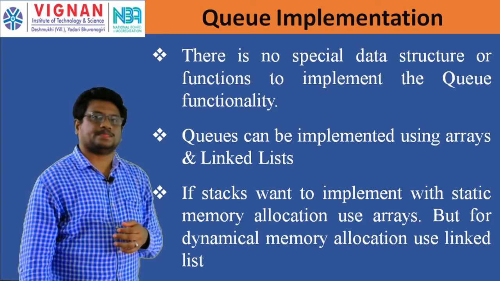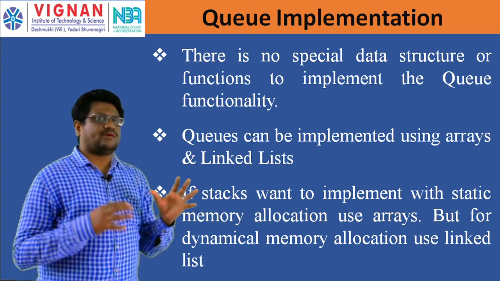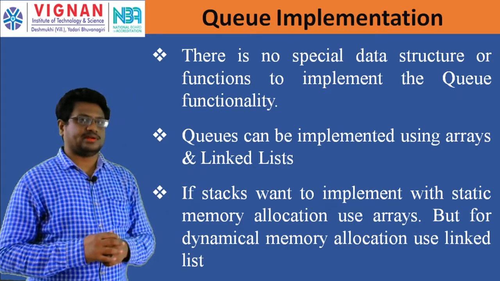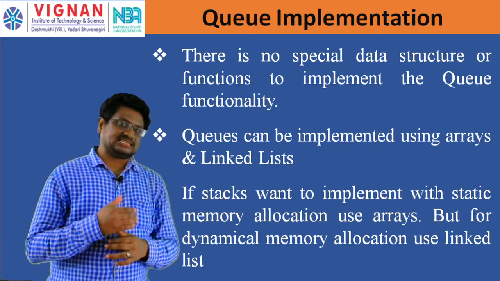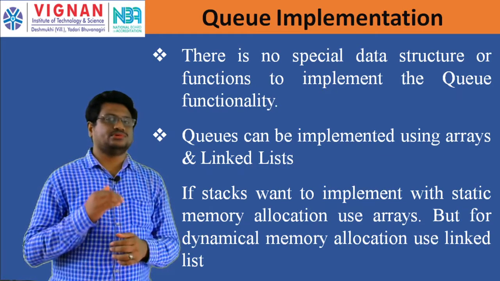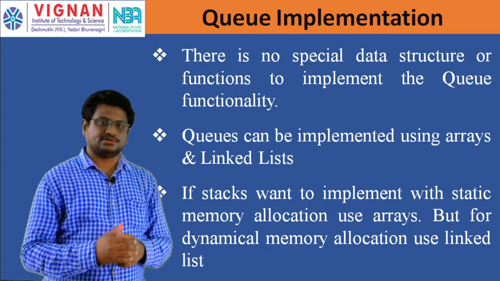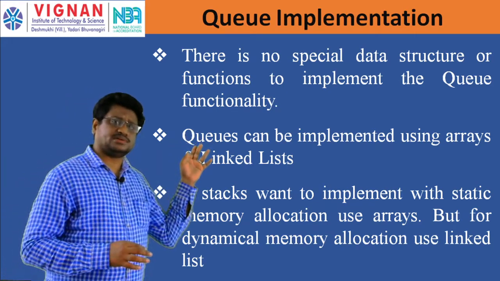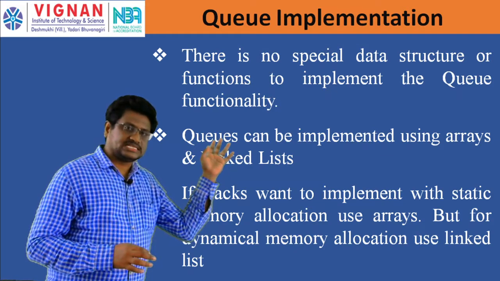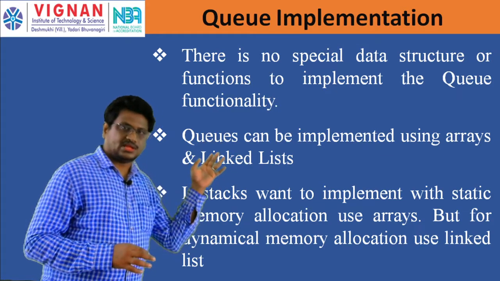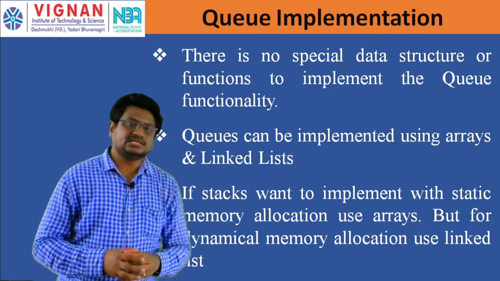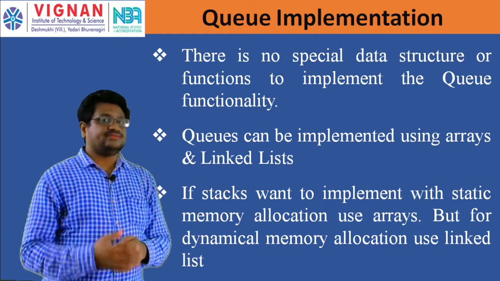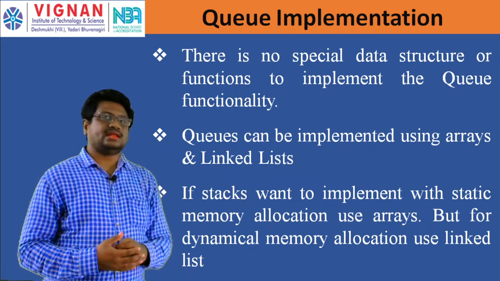So how will this happen in programming? Let's see. We have already discussed insertion and deletion, so now we have to implement it through programming. Like a stack, in a queue we don't have any special data structure. So for implementing queues in C programming or any programming, I'm using arrays and linked lists. Where will I use arrays and where will I use linked lists?